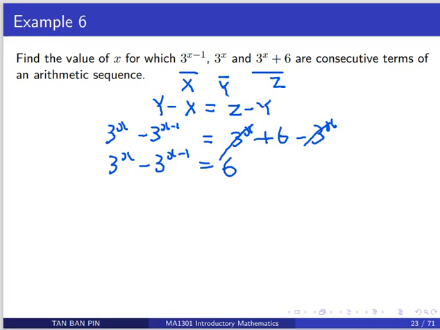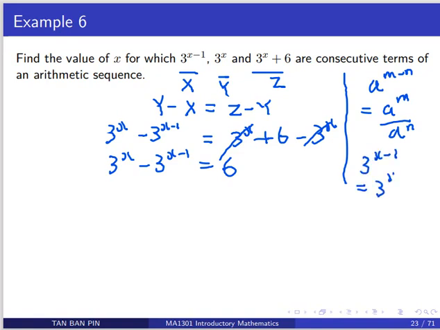You have this law of indices which tells you a power n minus m is a power n over a power m. So you can write 3 power x minus 1 as 3 power x over 3 power 1, which is the same as 1/3 of 3 power x.